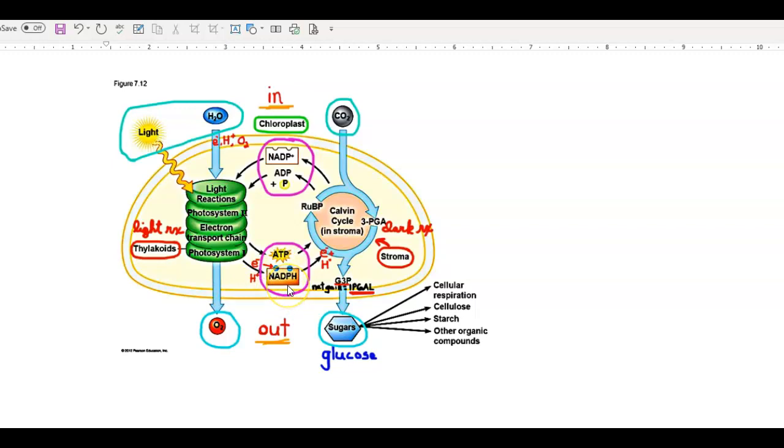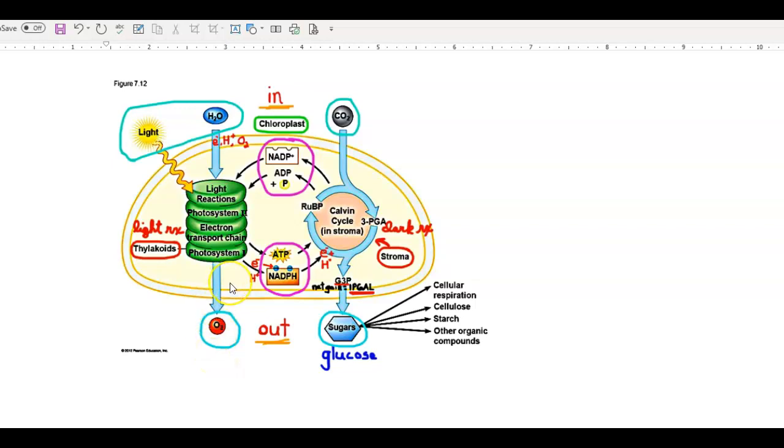Hydrogens can be picked up by NADPH, and they can also be used in making ATP. That is the power behind chemiosmosis. So that concentration gradient in the hydrogens is the power behind chemiosmosis. Oxygen goes out into the atmosphere.